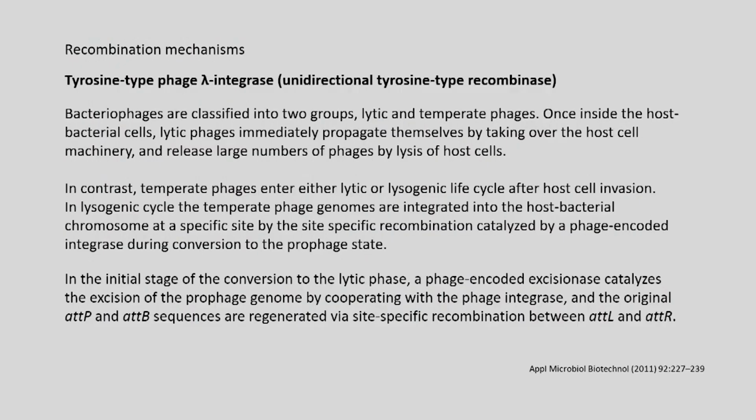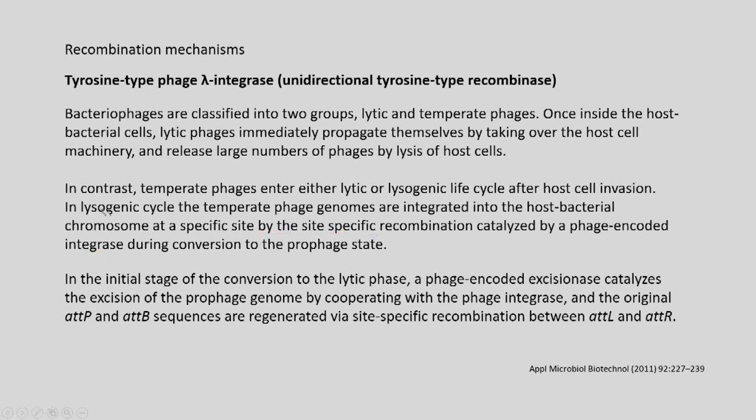In the lysogenic cycle, the temperate phage genomes are integrated in the host bacterial chromosome at a specific site by the site specific recombination catalyzed by a phage encoded integrase during conversion to the prophage state.